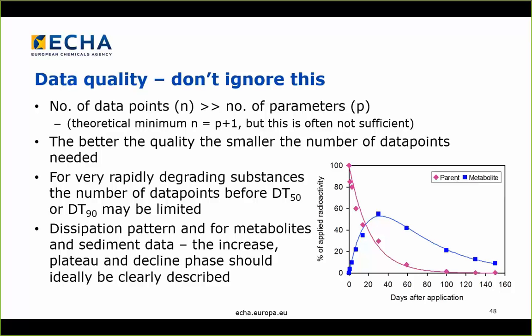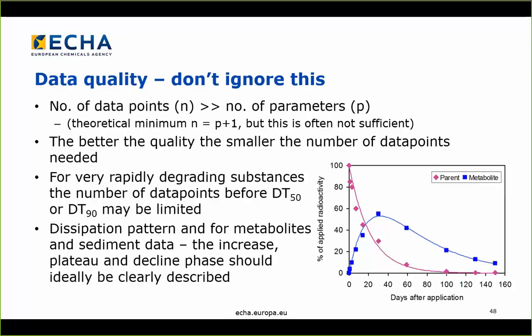So theoretically, the minimum you need is 1 data point more than the parameters of your selected kinetic model. So if you want to go through the whole decision-making chart, theoretically, you need a minimum of 5 data points. And that's theoretically, and in practice, you normally do need quite a bit more.